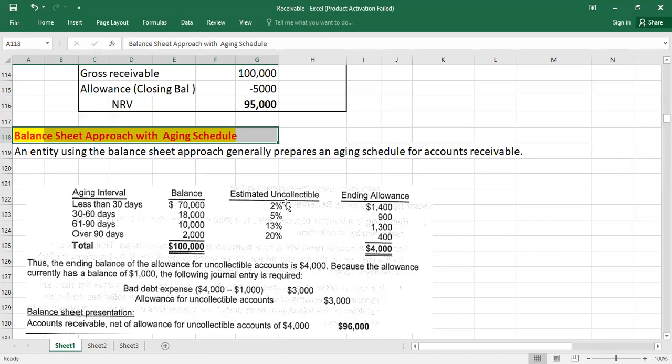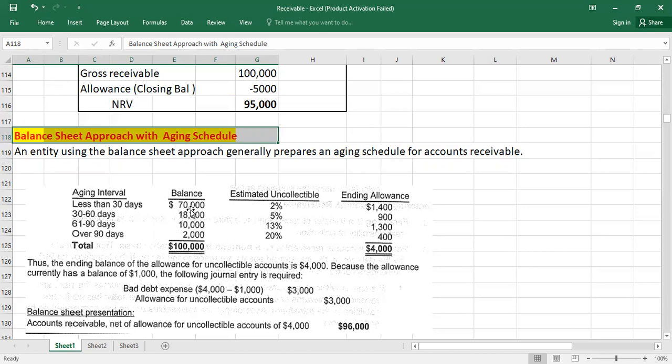Now here is the estimated uncollectible percentage. Each aging interval has a separate percentage for uncollectability: less than 30 days has 2%, 30 to 60 days has 5%, 61 to 90 days has 13%, and over 90 days has 20%.